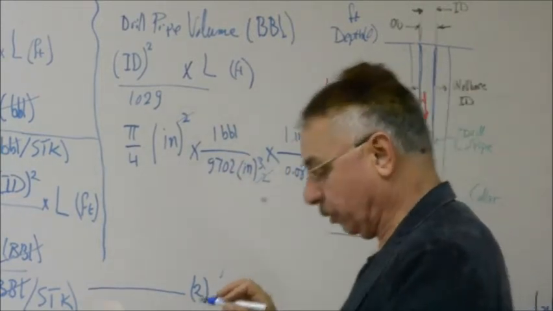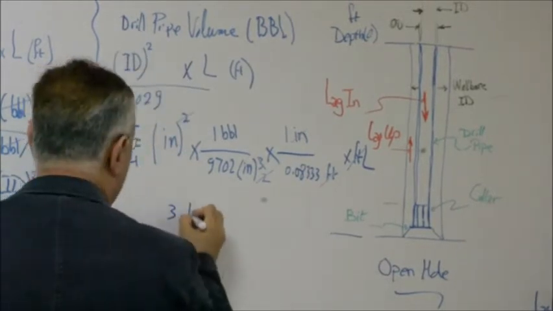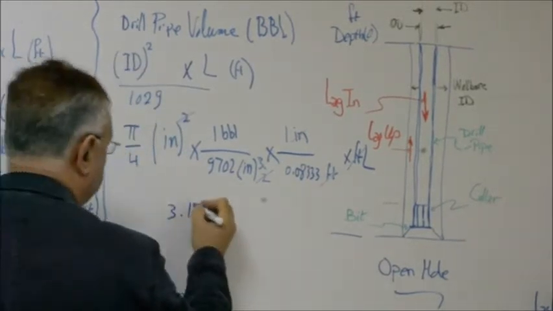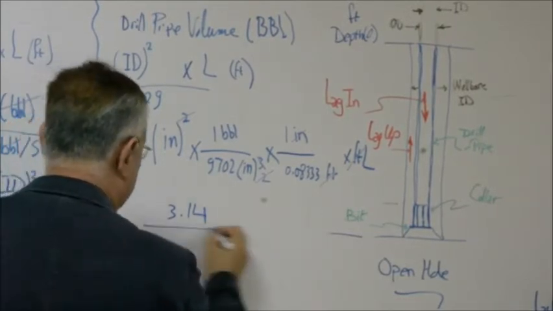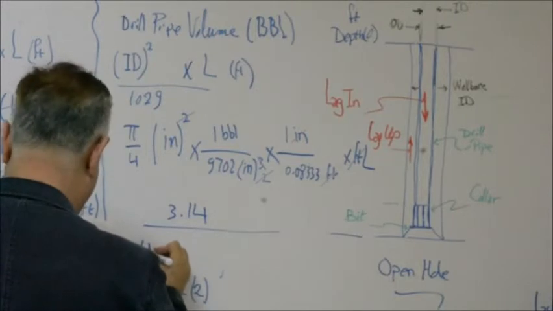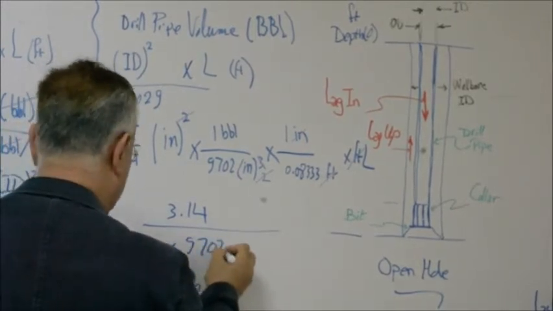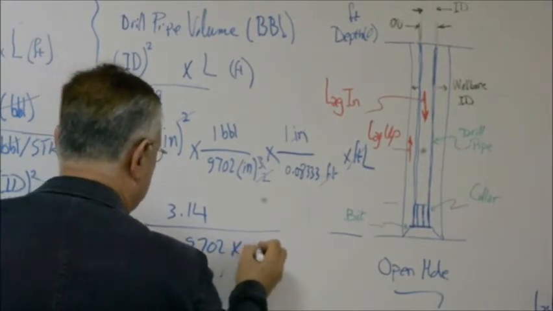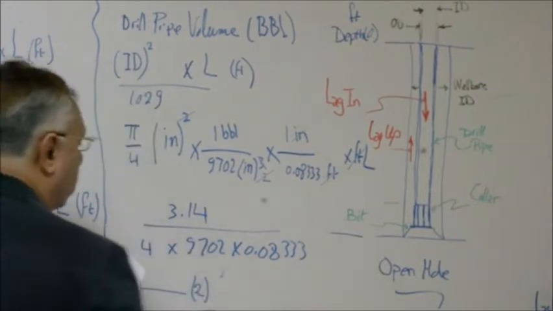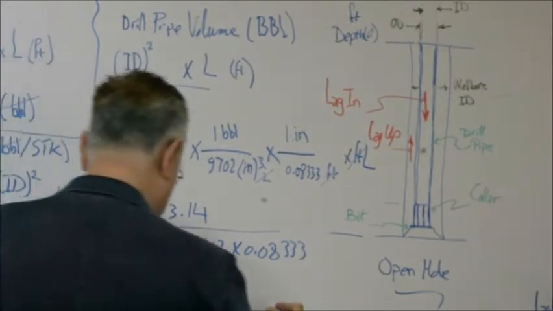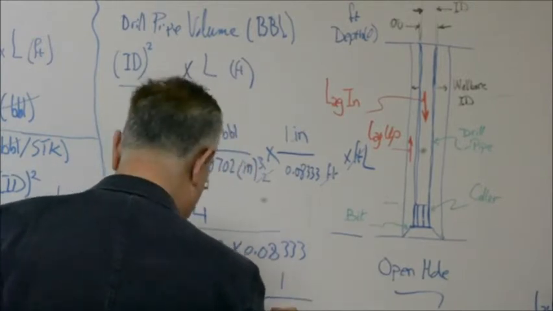So by the end, we will have 3.14 for pi, 3.14 divided by 4 times 9702 times 0.08333.